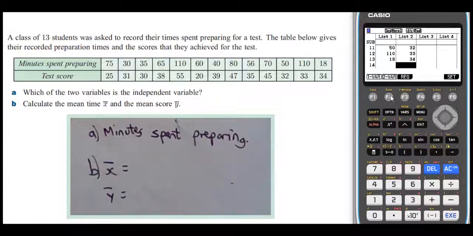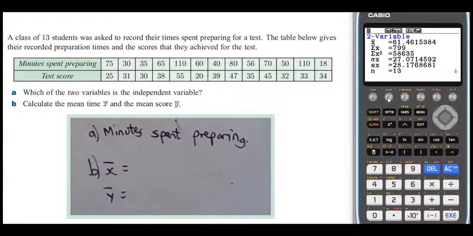Because I've chopped off most of the question, it doesn't mention that, but the rest of this question would lead to plot a scatter graph. This is two variable statistics because we're looking for the association between two different variables. We're seeing how strong is the relationship between the time spent preparing for a test and the score that you get. So 2 var, and it just comes straight there.